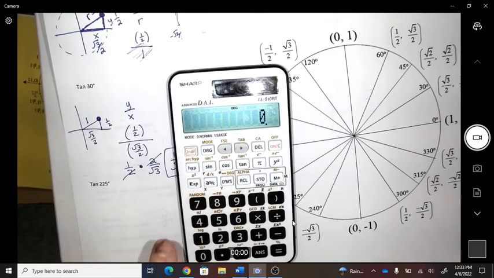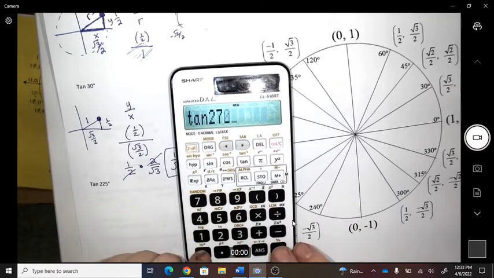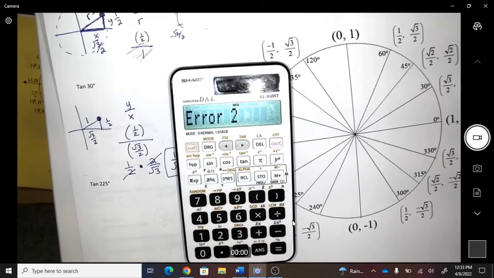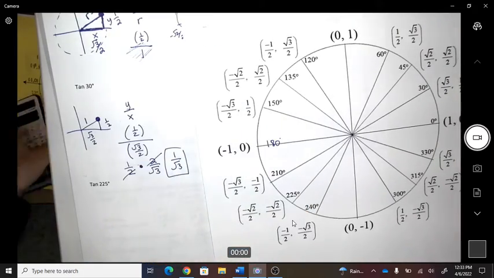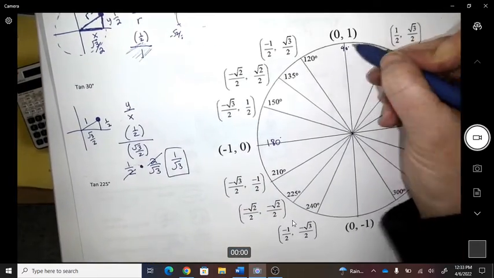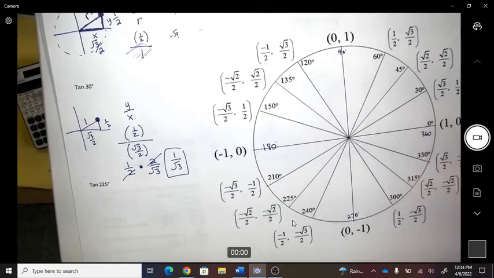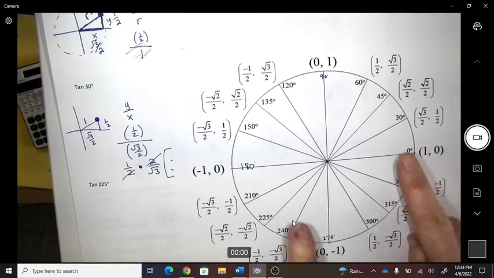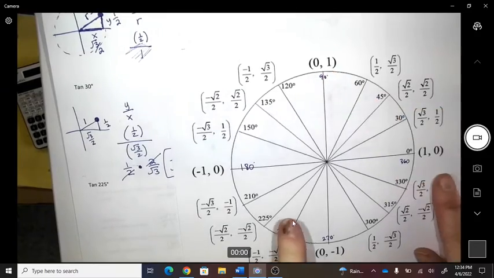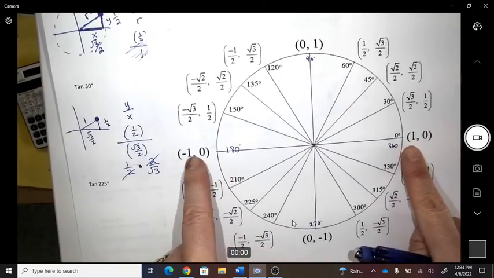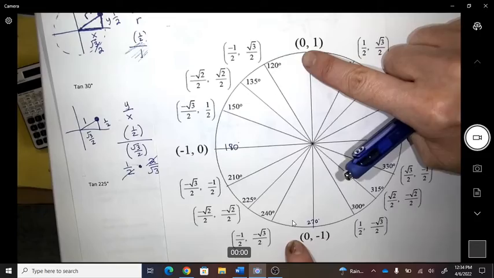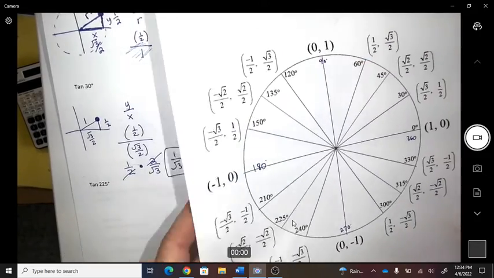It works. The tan of 270, what did we say? Error. That's why. Okay? Yeah, so the tan here is 0 and the tan here will be undefined because here it will be 0 divided by, and here will be divide by 0, which is not good.